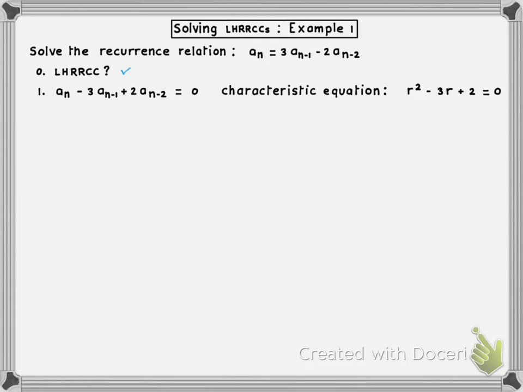So the next step, of course, is to solve this characteristic equation. By the way, this is a quadratic equation because the polynomial on the left-hand side is a polynomial of degree 2. So I strongly encourage you to go back and review your quadratic equations and the algorithm to solve them. Here, there is an easy way to solve it if you notice that 1 is a solution or a root for this equation, because 1 minus 3 times 1 is minus 2 plus 2 is 0.